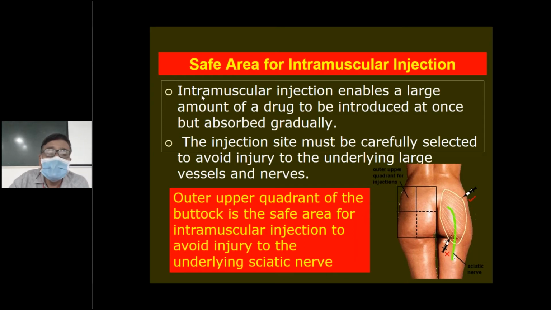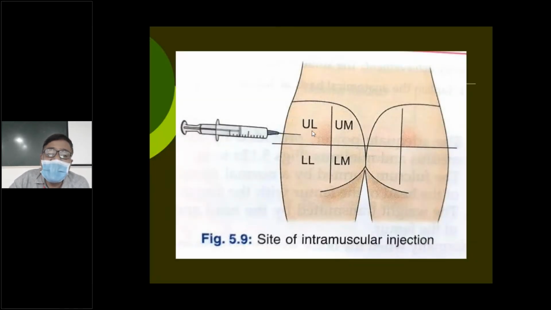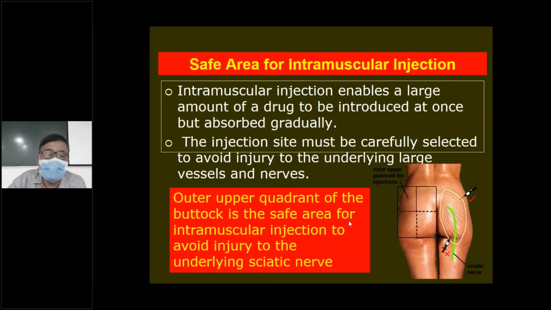Intramuscular injection enables a large amount of a drug to be introduced at once and absorbed quickly. But where to give is the important point. The upper lateral quadrant is the part which is chosen. That is most important.